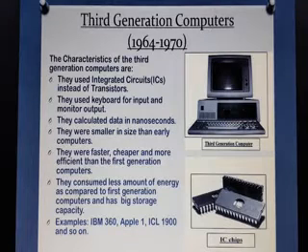Some of the advantages are also that it reduced computation time from microseconds to nanoseconds, and it used an OS for better resource management. OS is also called operating system. The operating system concept was introduced in the third generation of computers, and the concepts of time sharing and multiprogramming were also used.